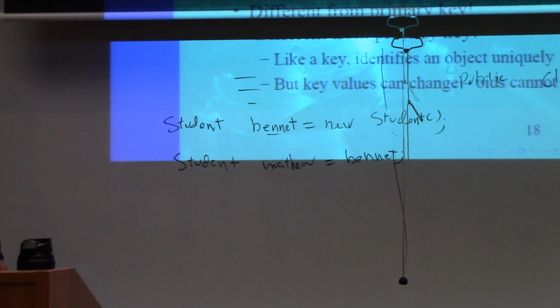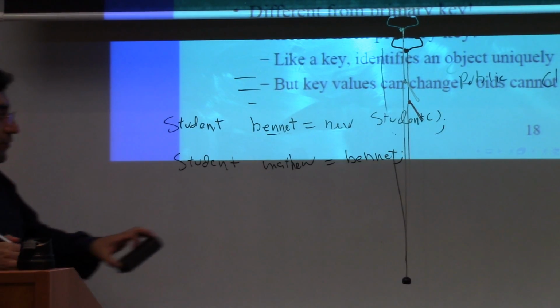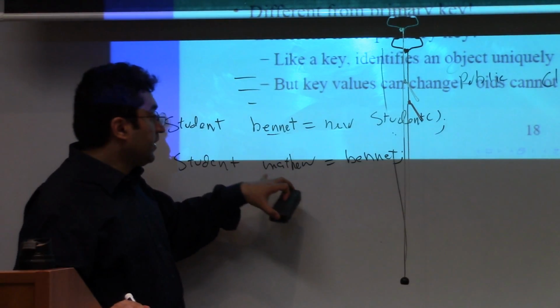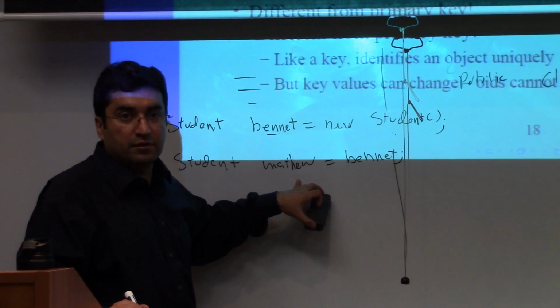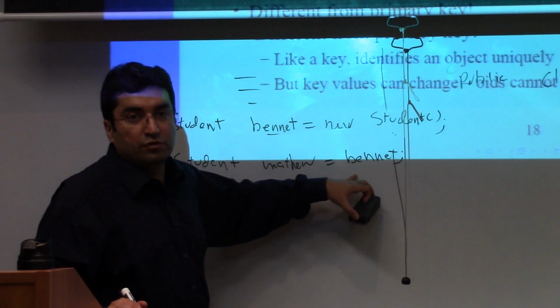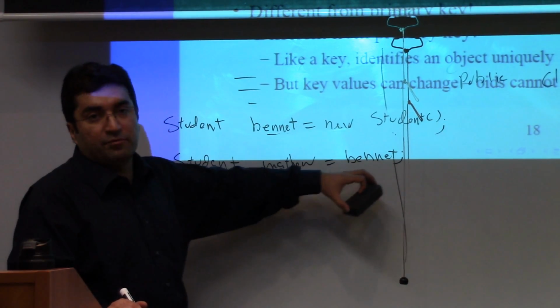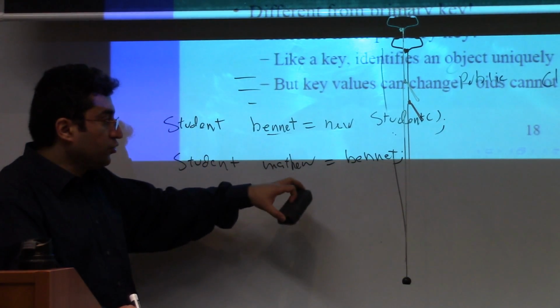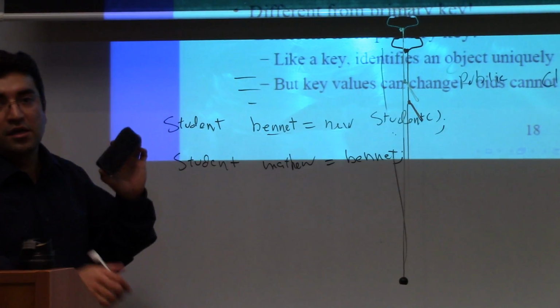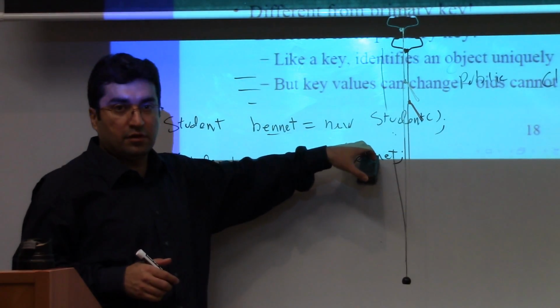This Matthew is also pointing to wherever Bennett is pointing. So it points to the object ID that is created over here.